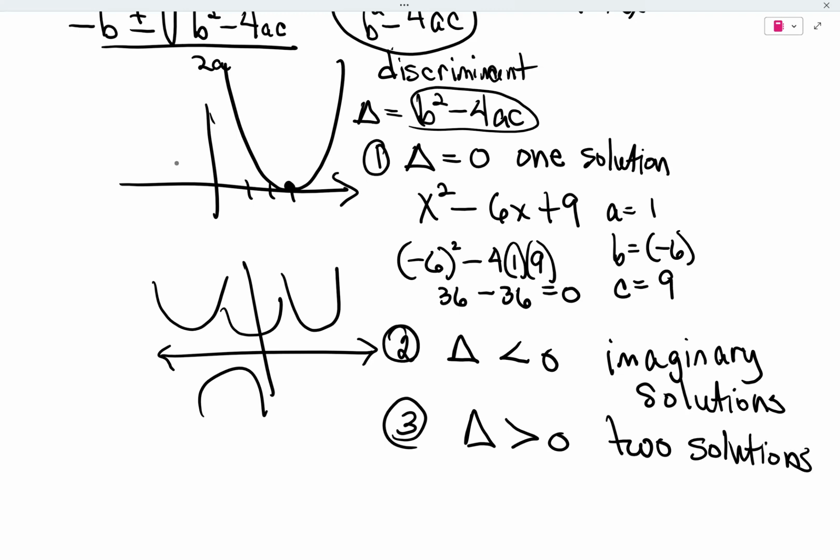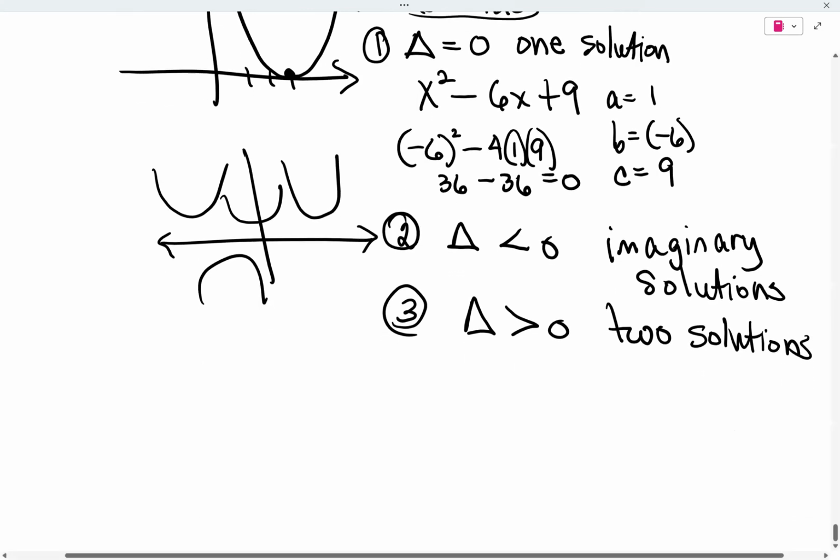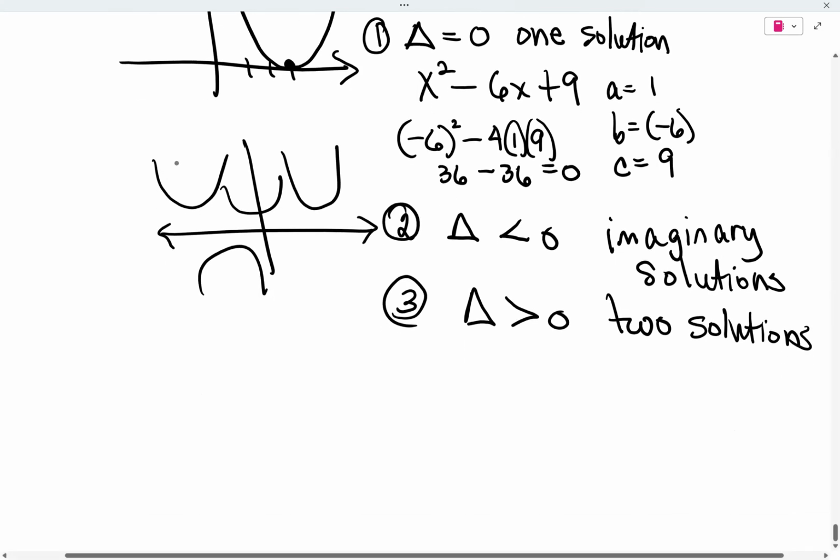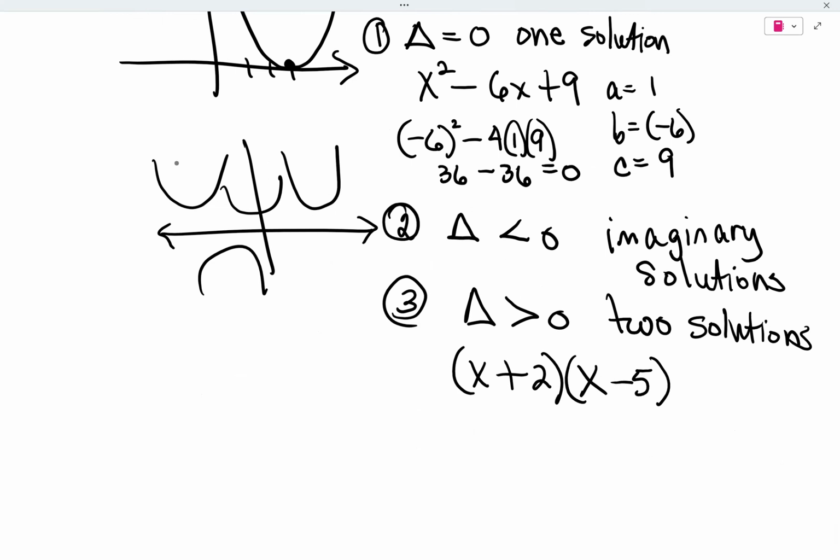So let me give you an example. If I had a factor of, say, x plus 2 times x minus 5 as an example. As a trinomial, this would be x squared minus 3x minus 10, would it not? So in this case, my a term is equal to 1. My b term is equal to negative 3.